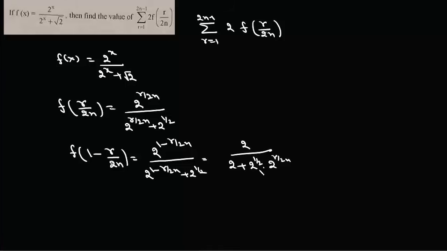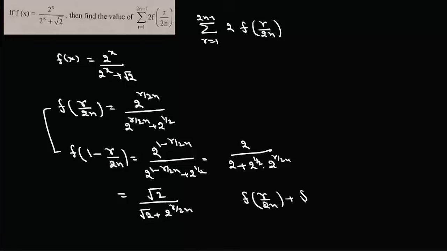Now we'll cancel root 2, so we can write this as root 2 upon root 2 plus 2 to the power of r by 2n. Now if we add these two, we can write f(r by 2n) plus f(1 minus r by 2n).